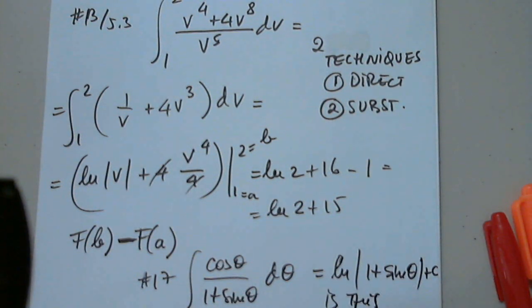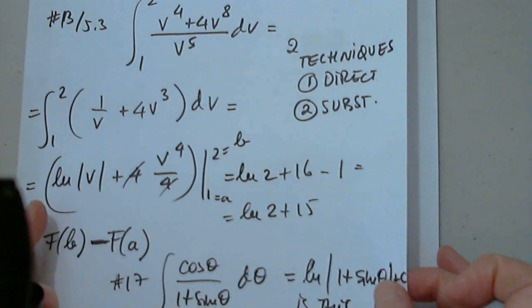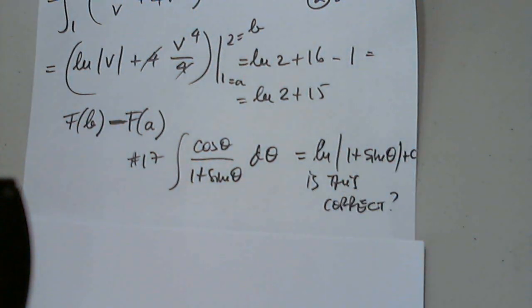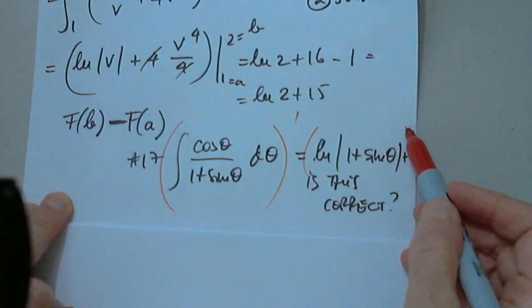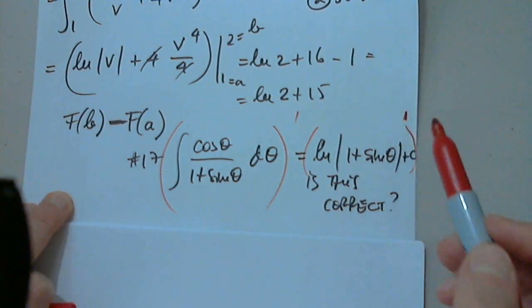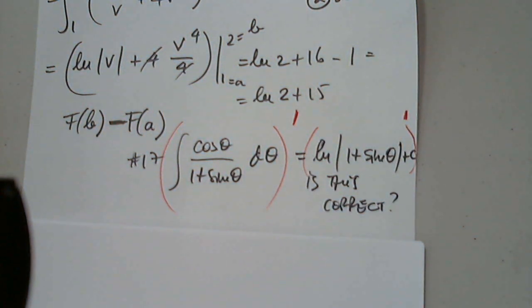Is this correct? I don't need anyone to tell me whether it is or not. All I have to do is differentiate both sides, and I have to get the exact same thing. If I don't get the same thing, then I'll say, oops, it makes no sense, and I go back to the drawing board.